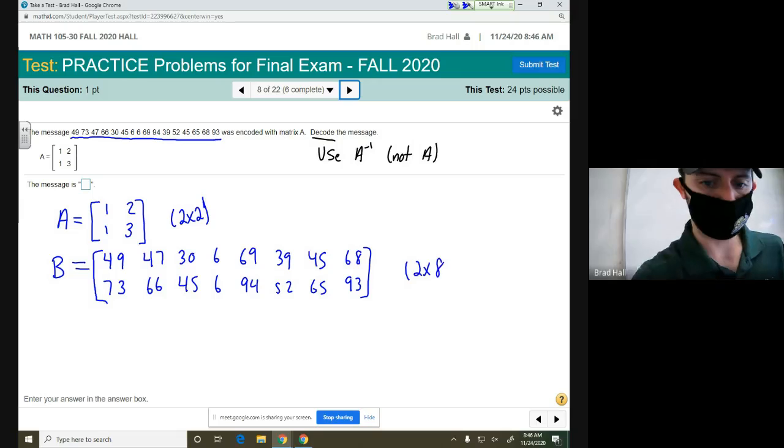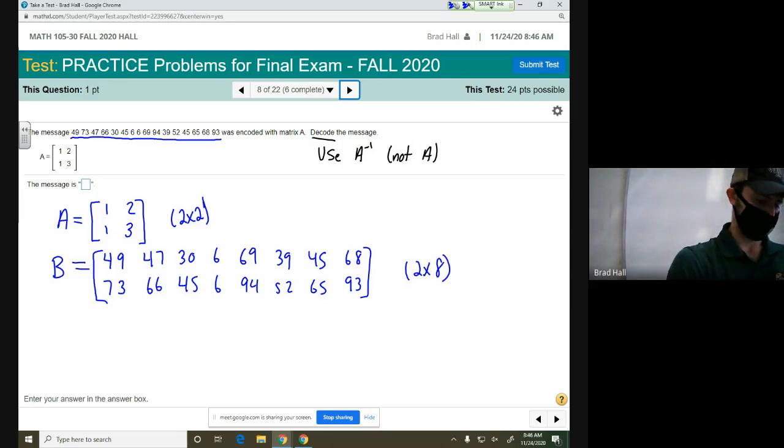It's a 2 by 8 matrix. It's not the most fun problem, but let's go ahead and see what this comes out to be. 5, 6, 94, 52, 65, 93.